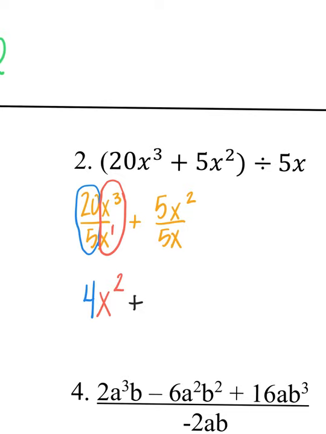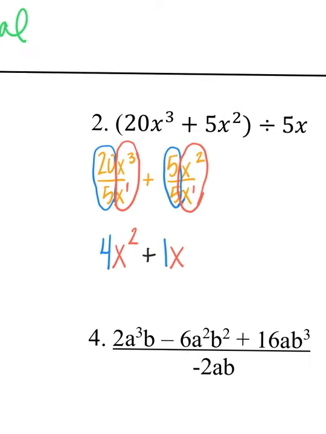plus 5 divided by 5 is 1. And x squared divided by x, or x to the first, is 2 minus 1. And that just gives me 1x. So then my final answer here would be 4x squared plus x.